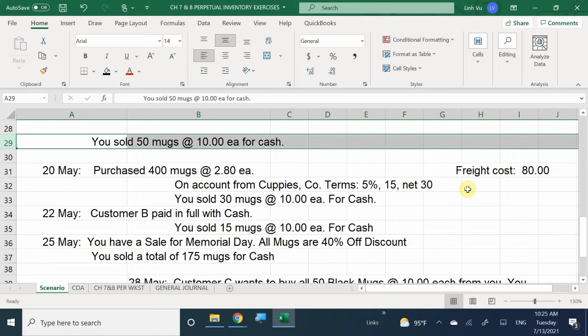So here we left off, right? We finish up the transaction on the 18th, and now we're going to go ahead and finish up the rest of the month. So on May 20th, what happened here?